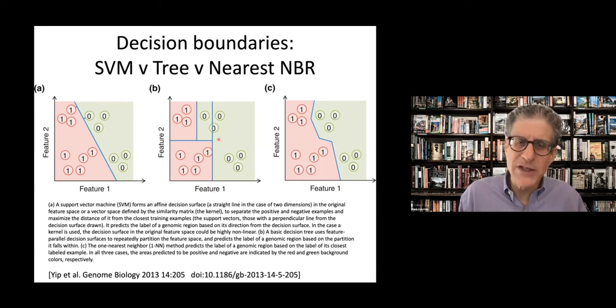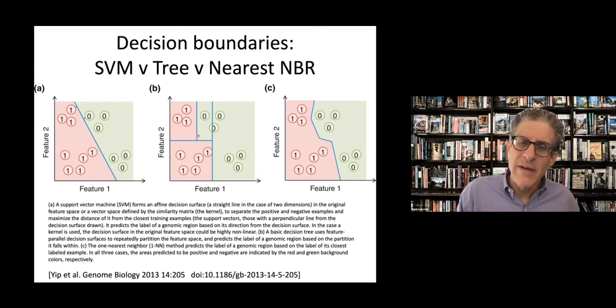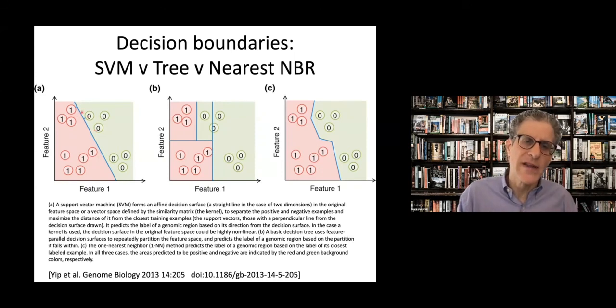The splits are always parallel to an axis, but then we split again. If we continue to split, we make this kind of jaggy boundary through our space. Support vector machines have a very different concept. They find either a curved or a straight cut, where it's really determined by these close by points. A very different way of thinking about the decision boundary.